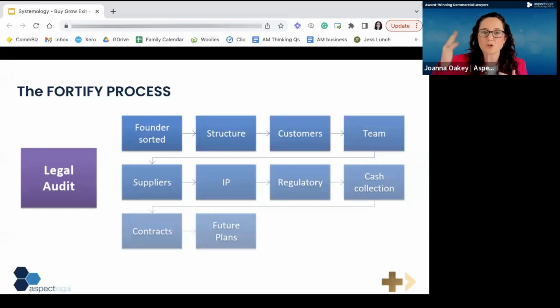Team are another key area where a lack of legal systems and processes can create massive issues. The larger a team gets, the more likelihood there is of employment law risk: that an organisation doesn't have the right agreements or company policies in place, and might be exposed to claims of underpayment or other non-compliance with the Fair Work or other legislative obligations in relation to their staff.